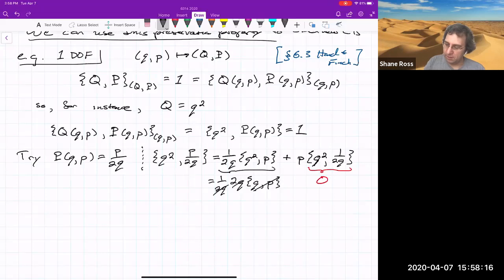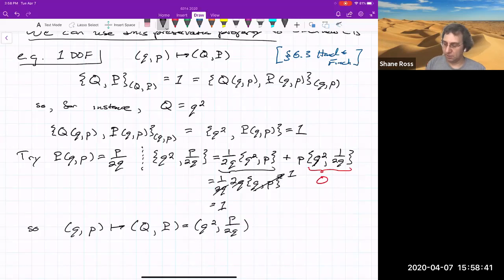This q with p equals 1, so you get 1. So even though it wasn't obvious, the original q, p, to a new capital Q, capital P, which equals little q squared and P over 2Q, is a canonical transformation.